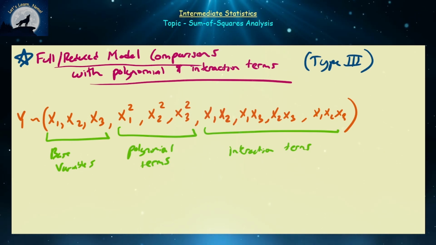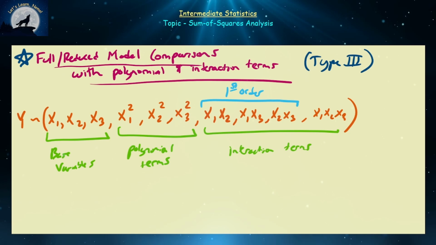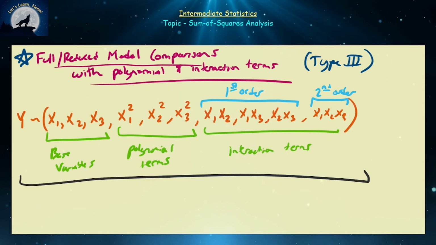So x1x2, x1x3, x2x3 are obviously going to be our first order interaction terms, and since we only have 3 variables, we are only going to have 1 second order interaction term, because it's 1 variable with respect to 2. All right, so this particular model is what we're going to be referring to as our full model.